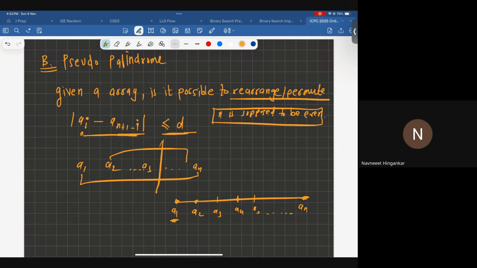Because let's say I didn't do that. I did something different: I paired a1 with a3 and a2 with some other number. The moment we did that, we increased the cost of pairing, right? Let's say I paired a1 with a3 and a2 with a4. The traversal from a2 was huge, this part plus this part.